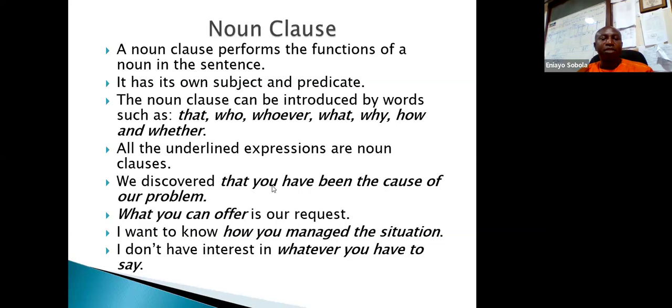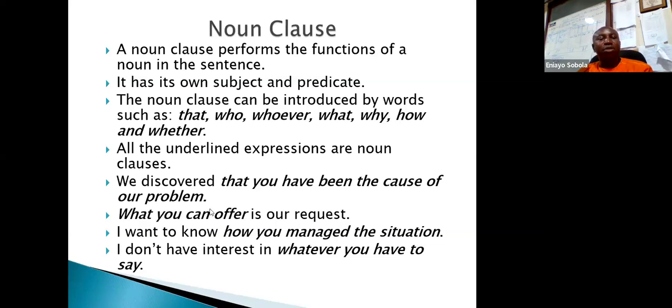"What you can offer is our request." The element that introduces it is "what." Remember that "what" goes with a subject. So "what" functions as the subject of that particular clause.